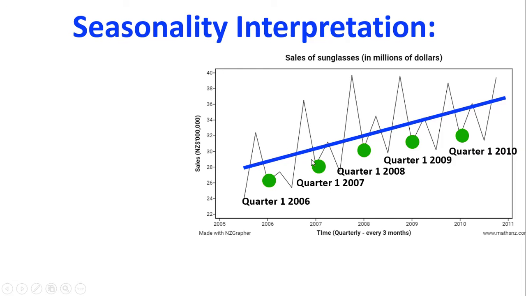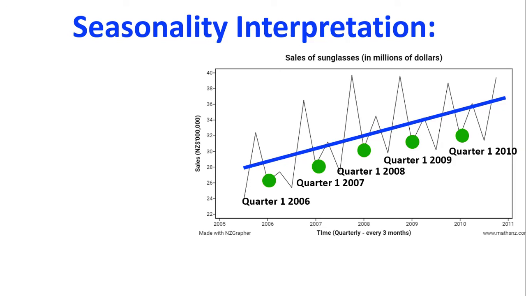The next one, the 4th one along, will be quarter 1 2007, because remember you've got your time along this axis, and it goes quarter 1, 2, 3, 4. So there I've drawn on quarter 1 of each year that I've got data for the sales of sunglasses. Now compare those points to the trend line.